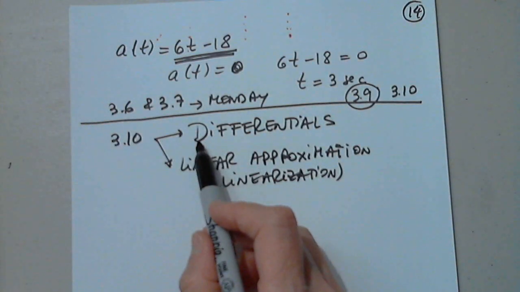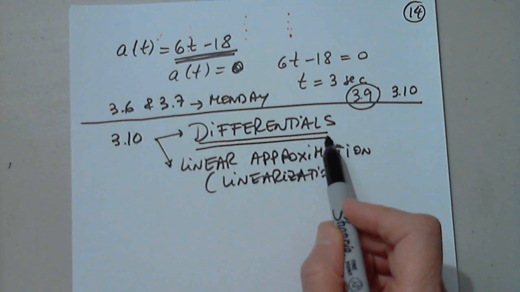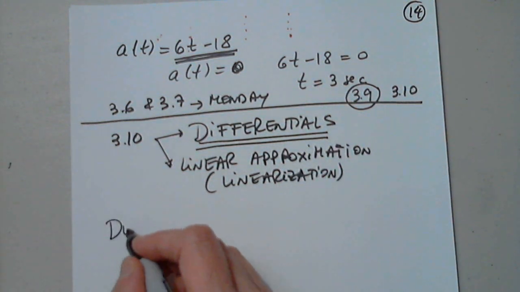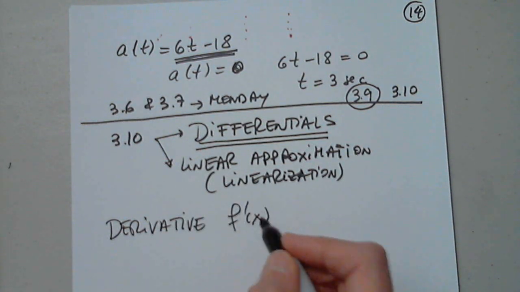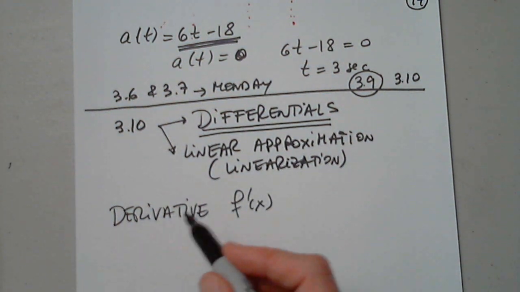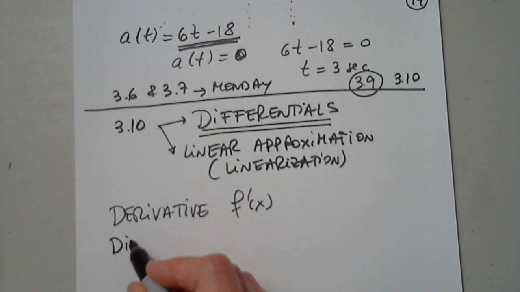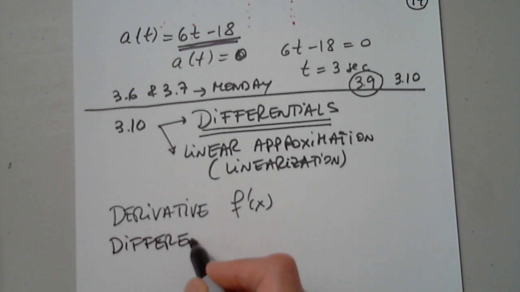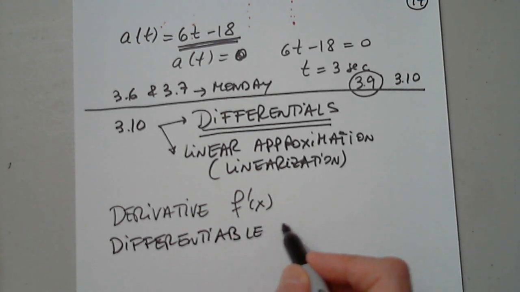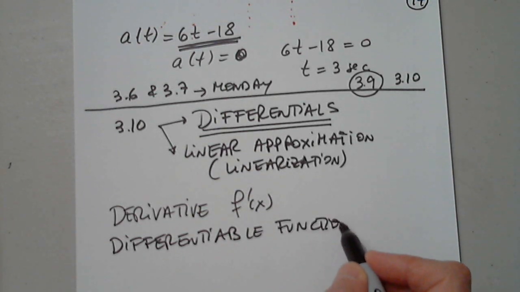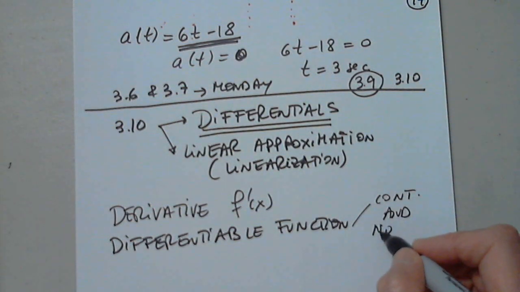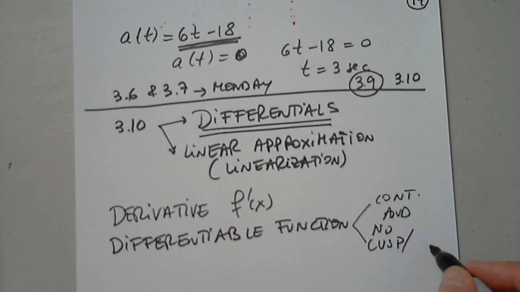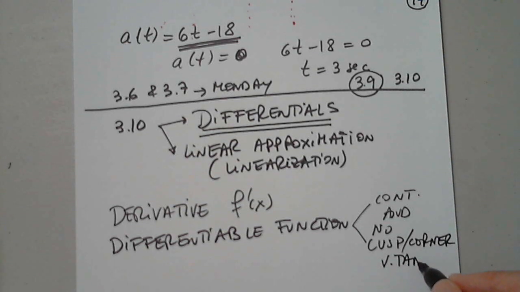So we have some concepts here. We talked about the derivative, which we know is f prime of x. We talked about another concept, a differentiable function, when the function is continuous and has no cusp, corner, or vertical tangent.